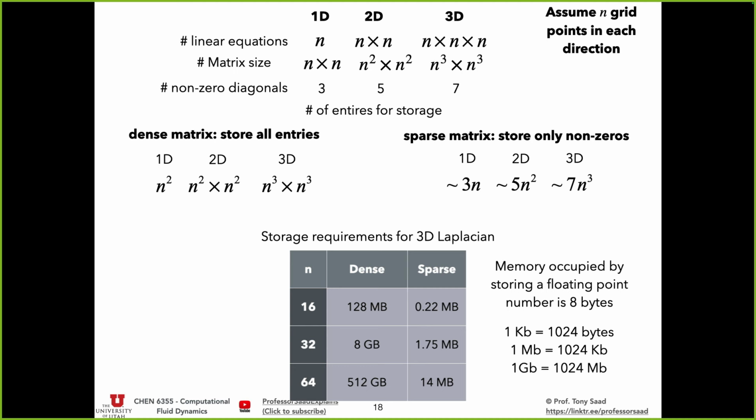So you can see the importance of large n, right? When n becomes large, and here we are overestimating this number because we're counting the diagonals as having n cubed entries, so it's actually a little less than that. Okay, so you can see the advantage of using sparse matrix storage just from the space complexity, versus storing the full matrix.